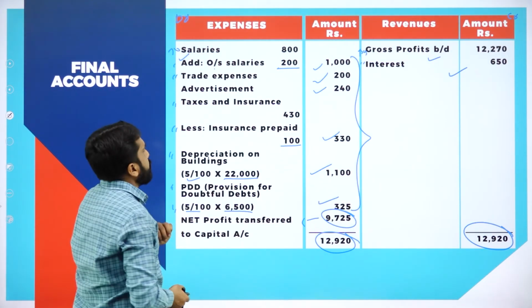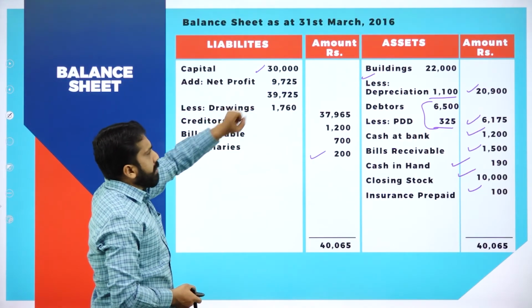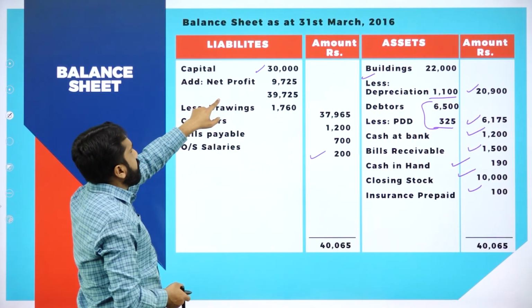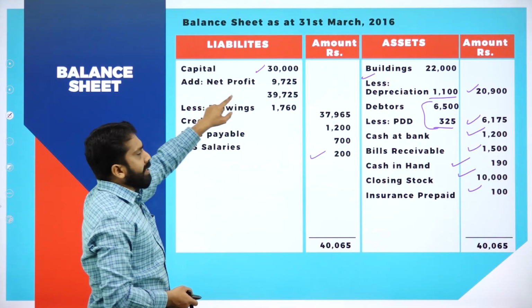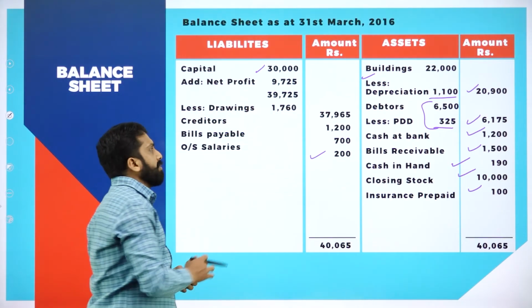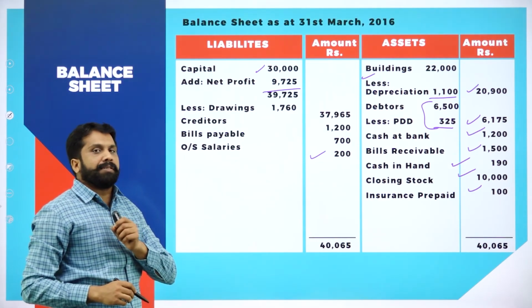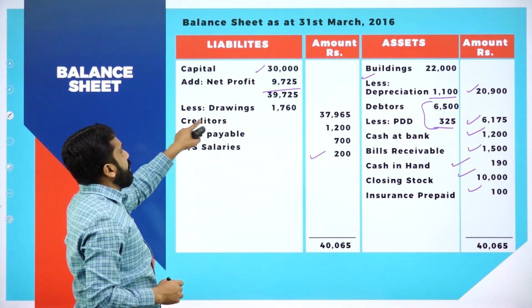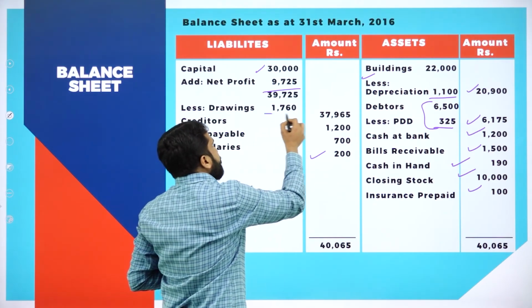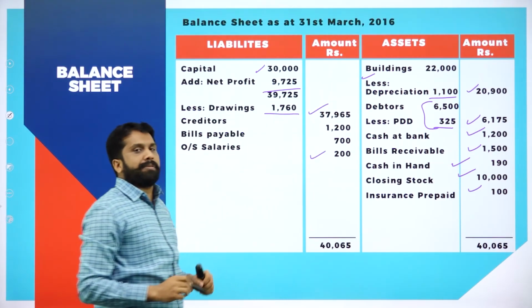Remember these 3 numbers. Capital 30,000, plus net profit 9,725, you got 39,725. From that, minus drawings 1,760, you got 37,965.